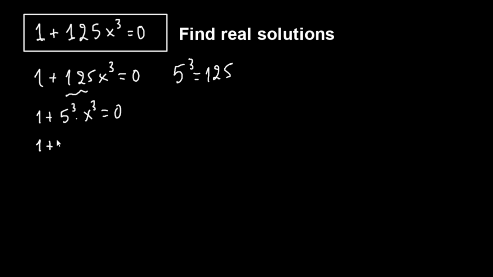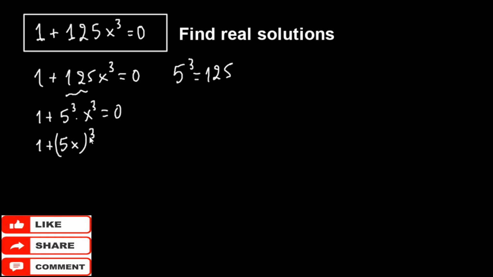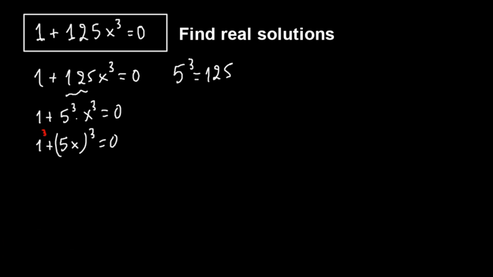Or this can be written 1 plus 5x, and all of this to the third power, equals 0. Here we have 1, so 1 can be raised to the third power, it equals 1, so we can write it as 1 to the third plus 5x, and all of this to the third power, equals 0.